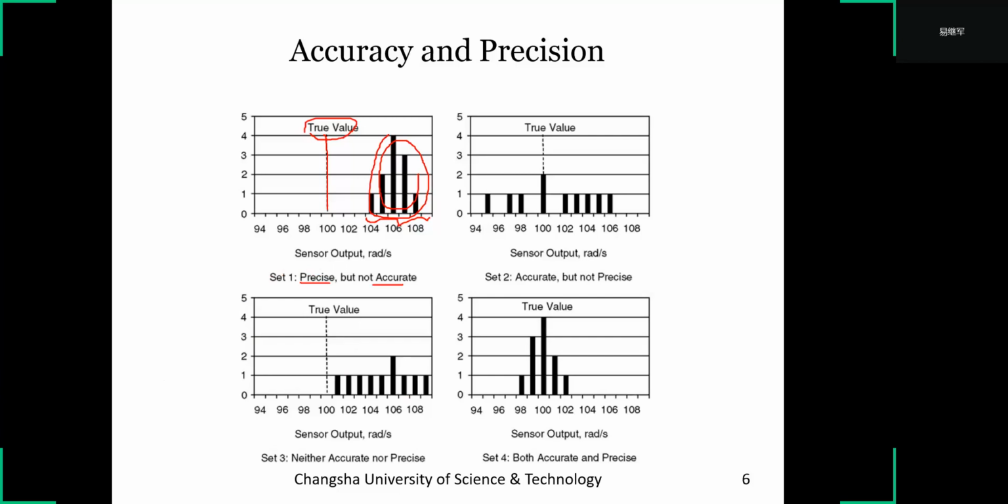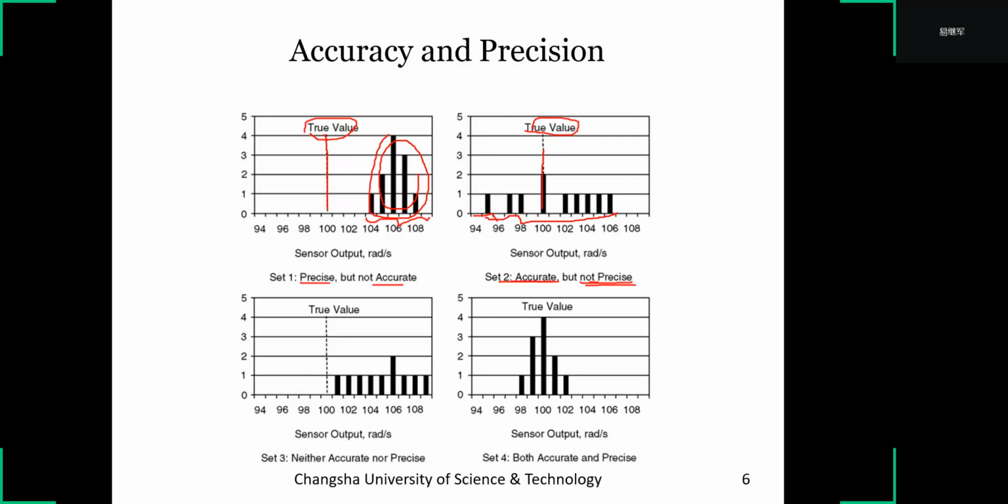Here is the true value, and these are the measured values. The values are distributed nearby the true value, so they are not precise, but accurate, because some values are equal to the true value. So we say this is accurate but not precise.